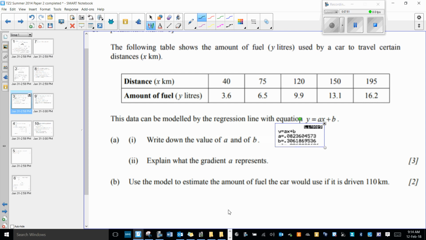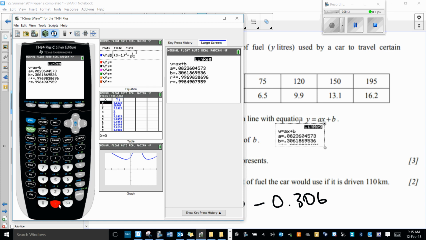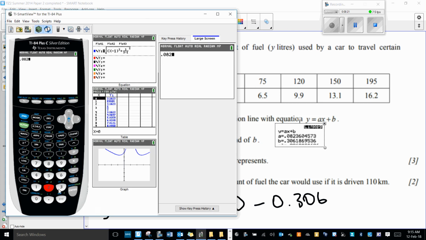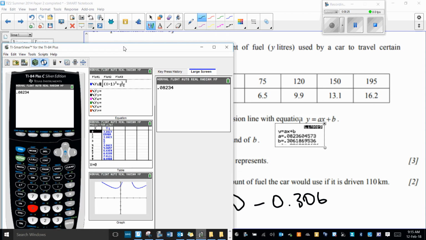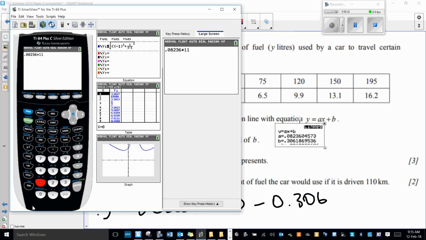So we've got y equals 0.08236 times 110 plus 0.306. It's not minus at all, it's plus.